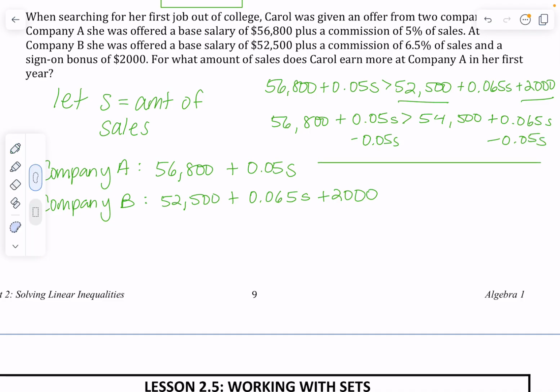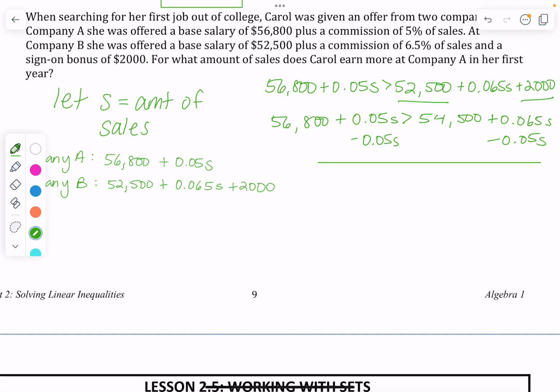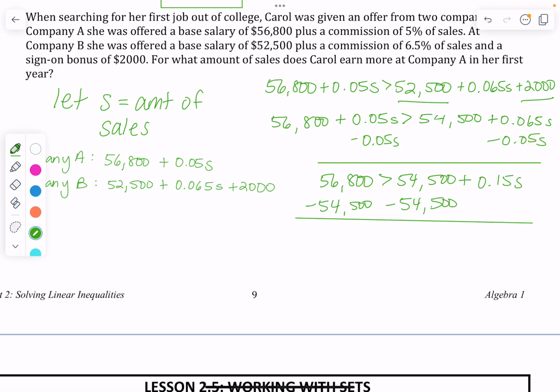I'm just going to make this a little smaller. Move the constant to the other side.